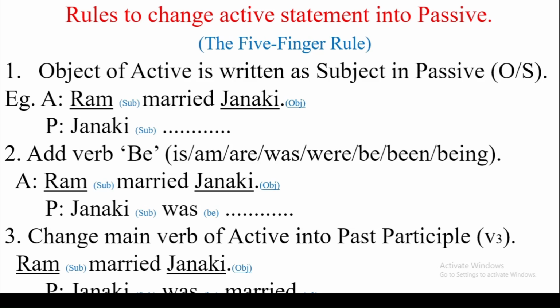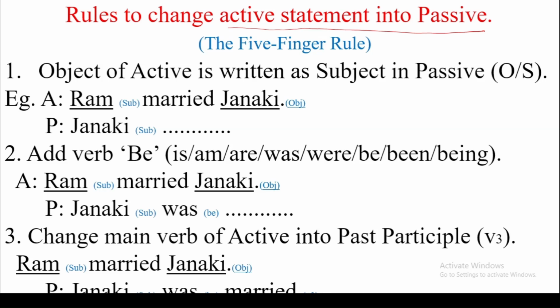Now let's talk about the most important thing, that is how to change an active statement into a passive statement. Changing active statement into passive statement, or active sentence into passive sentence, or passive voice into active voice.